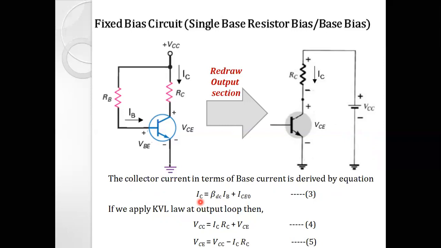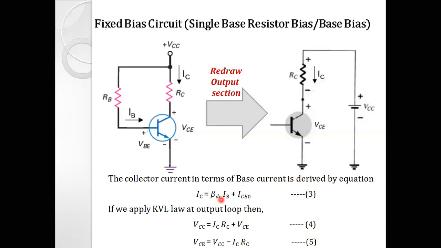In that topic, we derived the relation between the collector and the base current for the transistor, and we got this equation, IC equal to beta DC into IB plus ICEO. So whatever equation of the IB we derived in the previous slide, we can substitute over here and find out the IC, that is one of the coordinates of the operating point, ICQ, right?